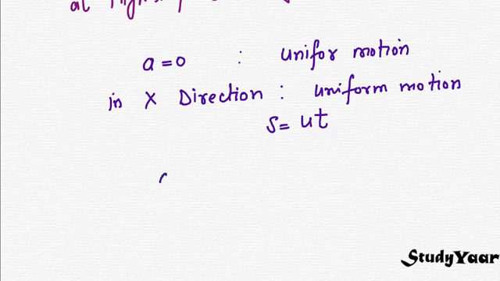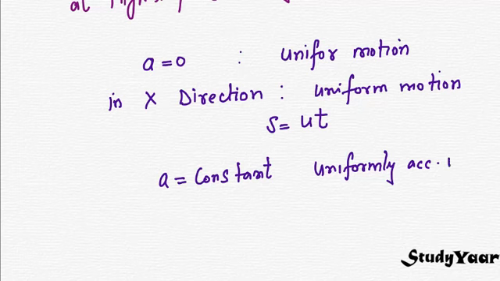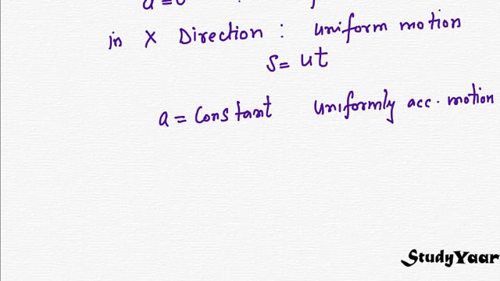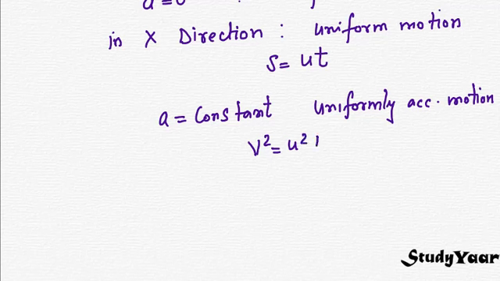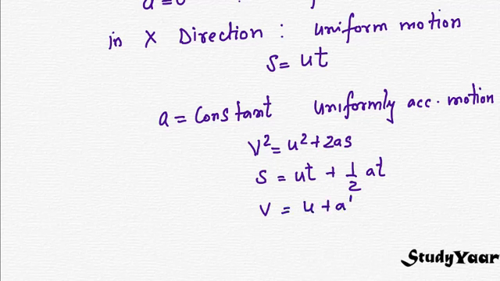Also, I know that when a is constant, I call this uniformly accelerated motion. Under uniformly accelerated motion, as we have derived earlier, I have a couple of equations with me, which are v square is equal to u square plus 2as, s is equal to ut plus half at square, and v is equal to u plus at.